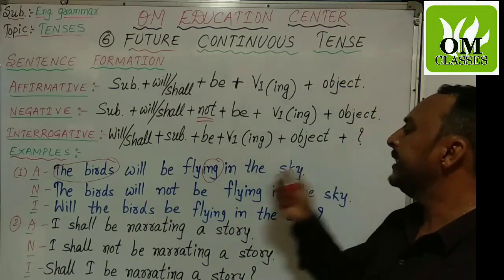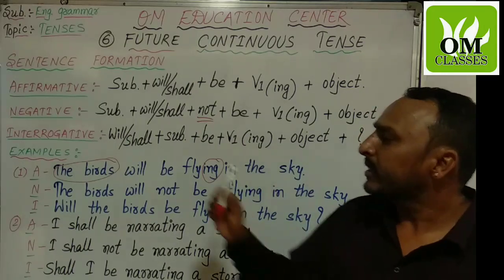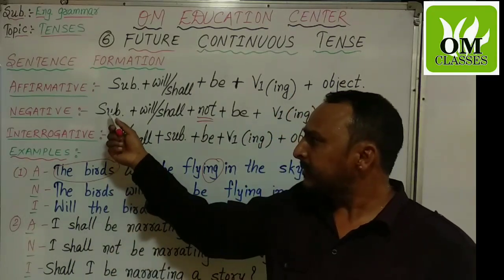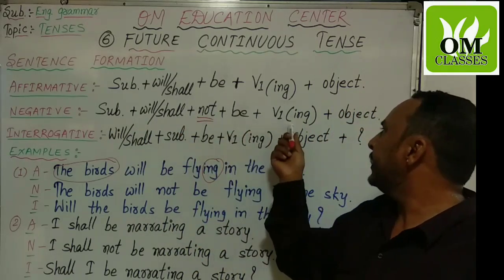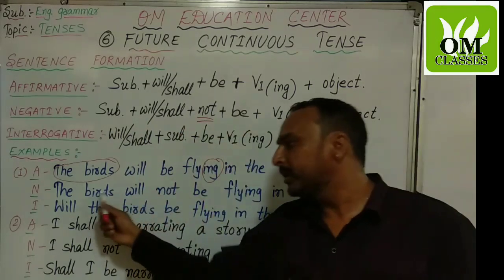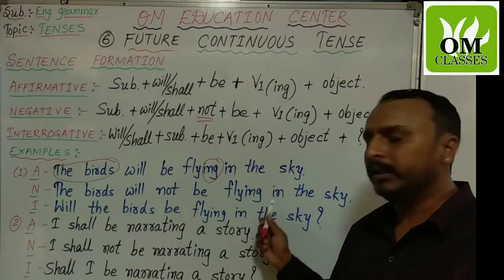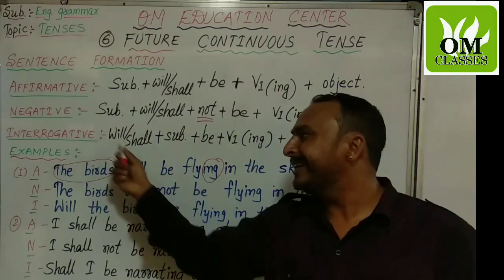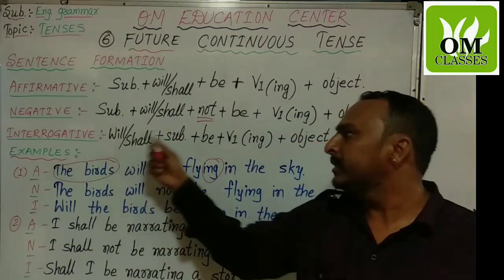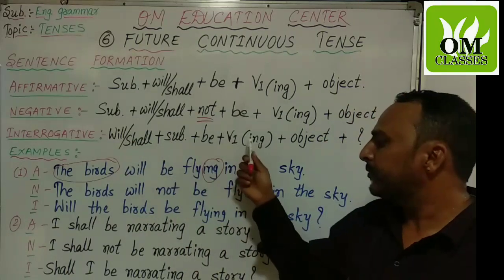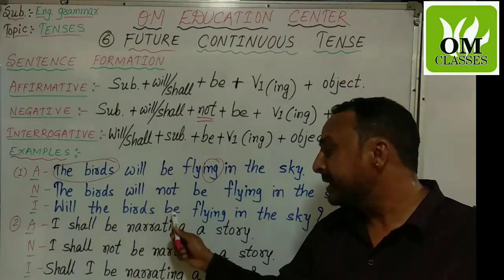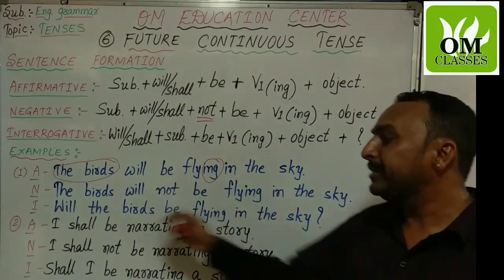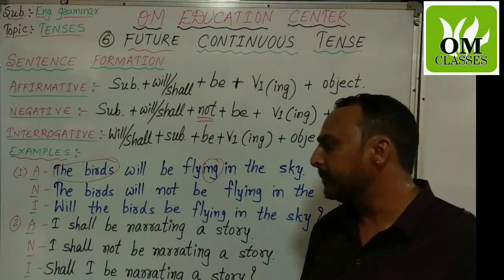And our object is in the sky. Now when we write the negative, the birds will not be flying in the sky. Now when we write the interrogative sentence, will the birds be flying in the sky? Will be the birds is wrong English, remember it.